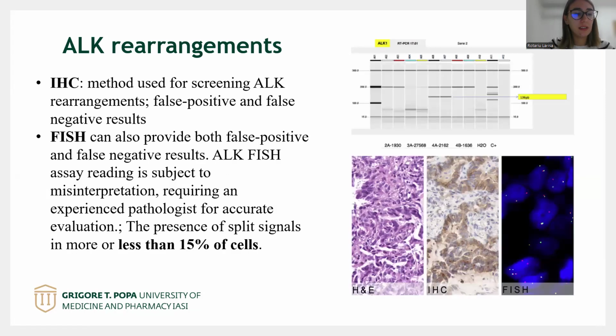About ALK, we can use immunohistochemistry for screening. There can be false positive and false negative results. FISH can also provide both false positive and false negative results, and we need the presence of split signals in more or less than 50% of the cells to assess this rearrangement.